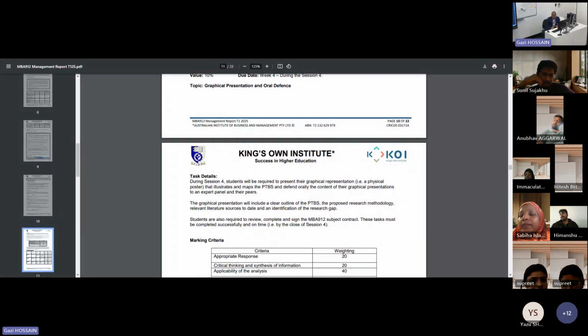I'm repeating again. In your poster, first is the problem statement. You don't need to write everything on the poster. You can write bullet points or just a short point. For example, the problem is high cost, or poor satisfaction, or high employee turnover, or the impact of AI.